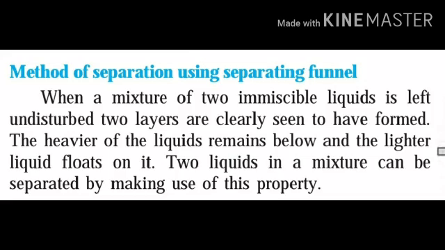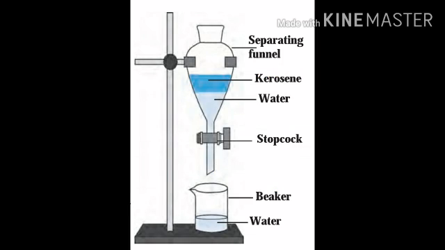For example, pour a mixture of kerosene and water into a separating funnel with its stopcock closed. Close the stopper. Fix the separating funnel firmly on a stand. Leave the mixture in the funnel undisturbed for a while. Water will remain below and kerosene will float on it.